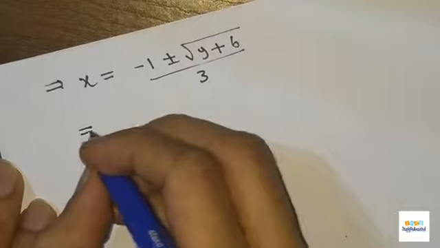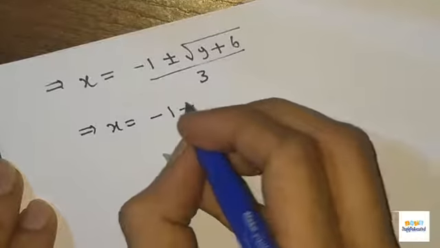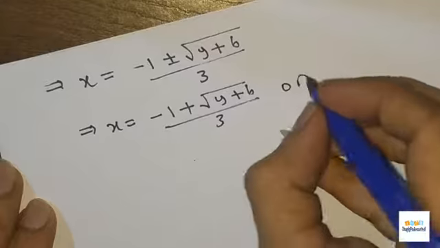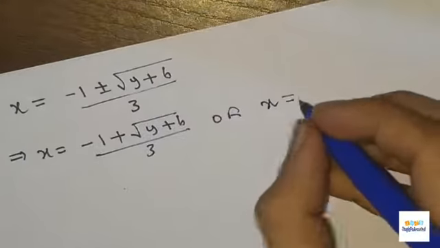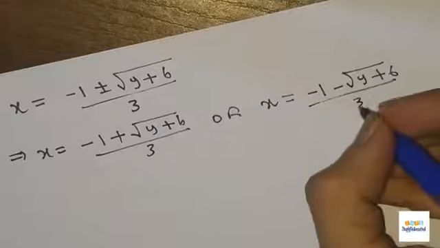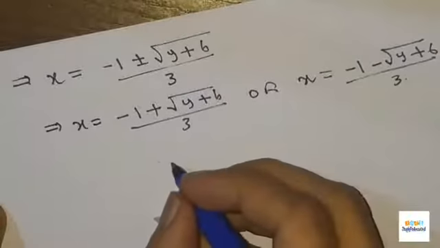That means x is equal to minus 1 plus root of y plus 6 divided by 3, or x is equal to minus 1 minus root of y plus 6 divided by 3.